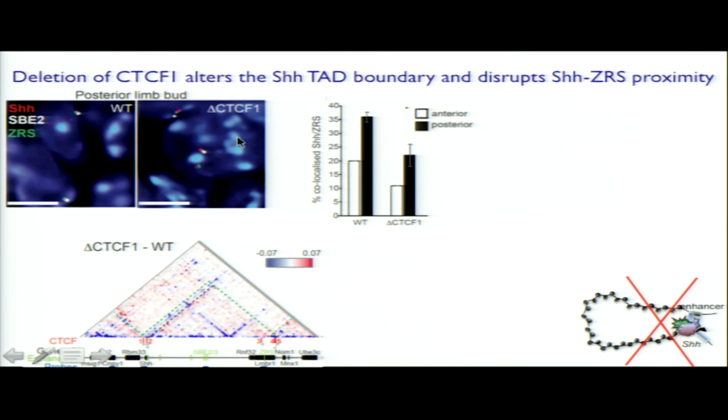And here in limb bud cells from homozygous CTCF1 deleted mice, we can see increased separation of the probes. So that high frequency of alleles where we see the enhancer and the promoter right on top of each other in the wild type limb bud, specific to the posterior and not the anterior, is greatly reduced in the CTCF1 deleted mice. So the frequency of co-localization is now down to what you'd see on the anterior margin of a wild-type limb. So that's all good.